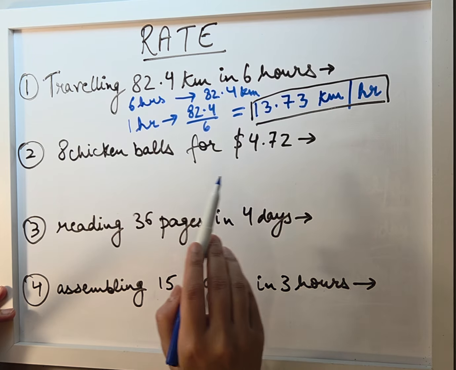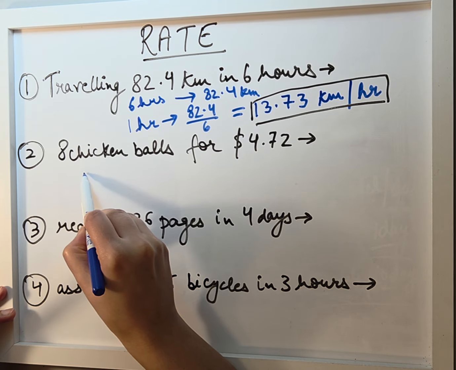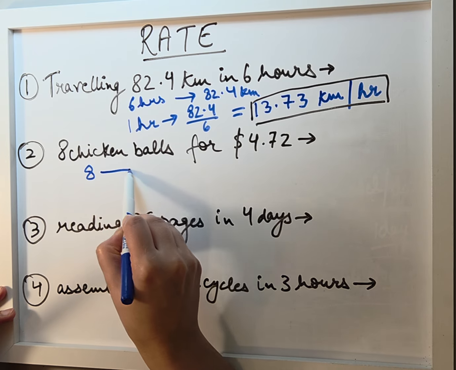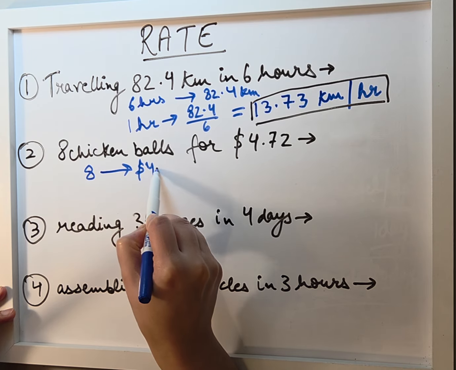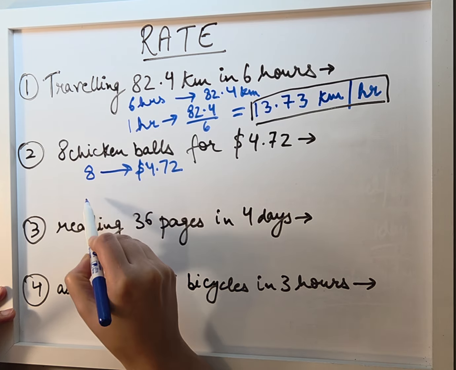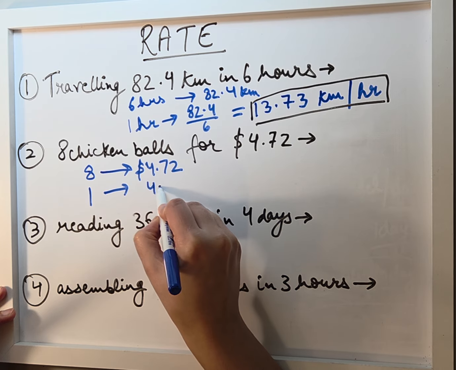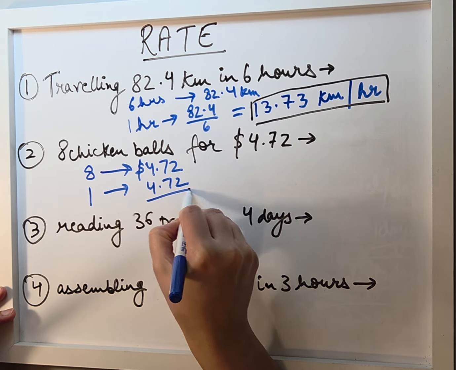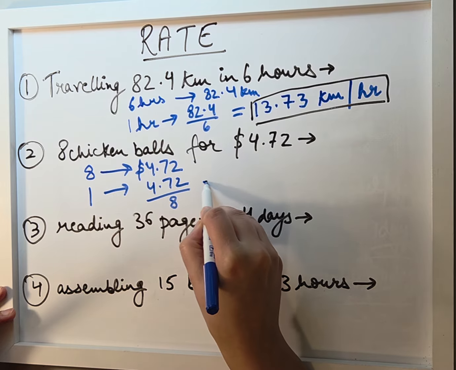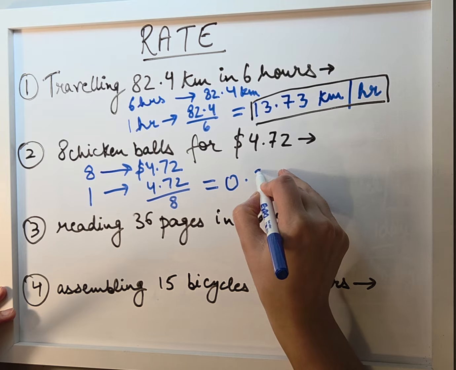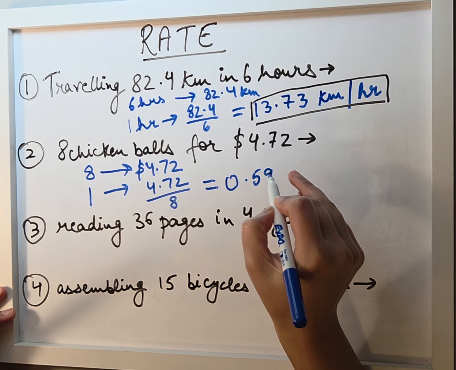So 8 chicken balls cost $4.72. So one chicken ball will cost how much? 4.72 divided by 8, and that will give us 0.59.